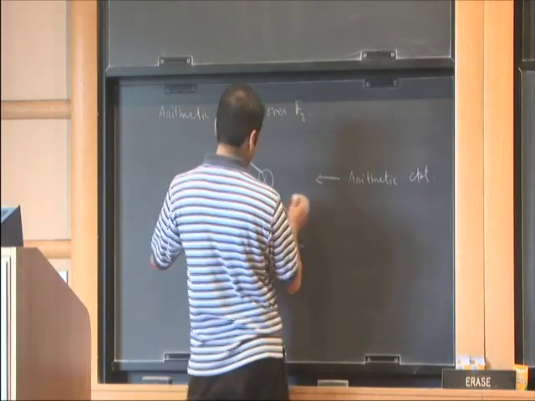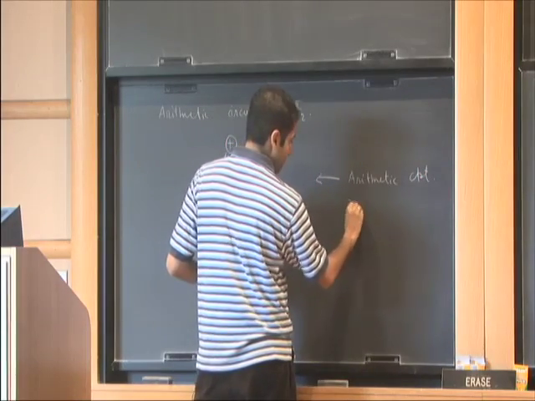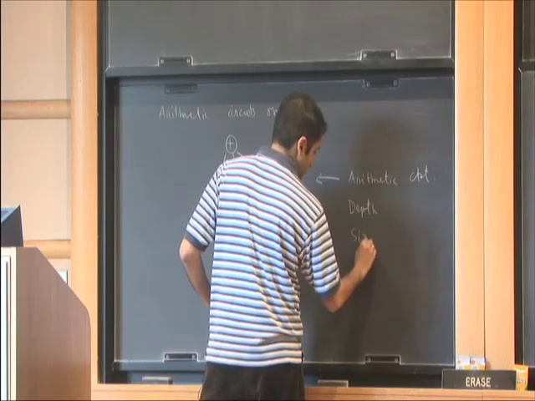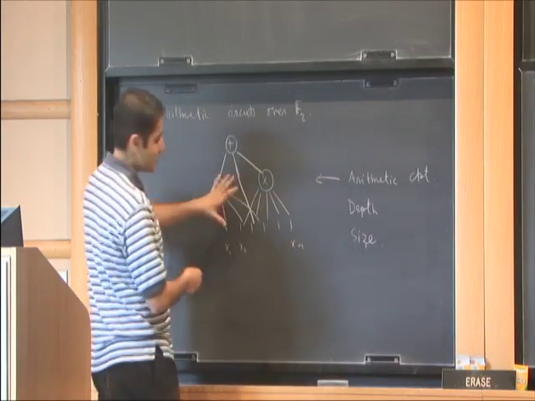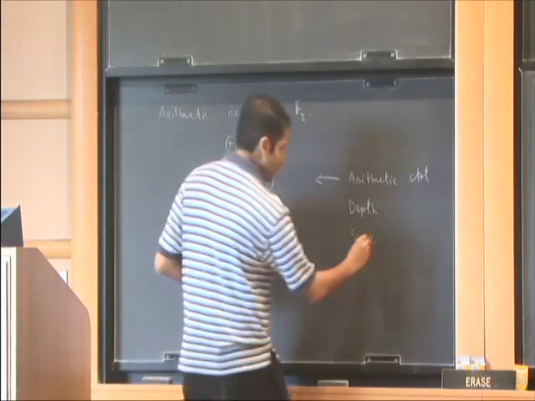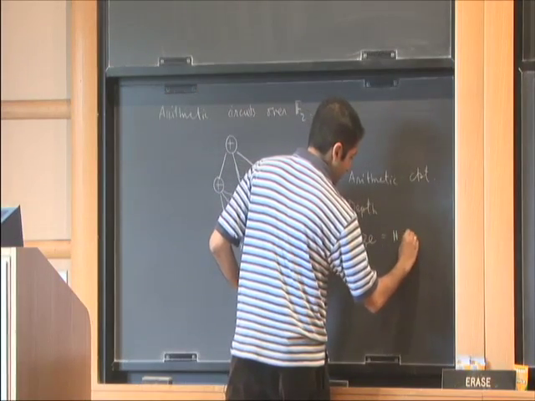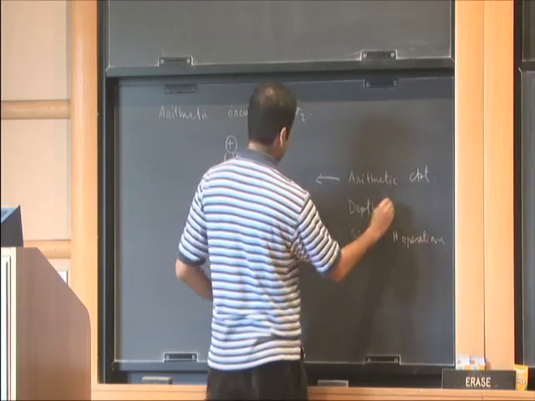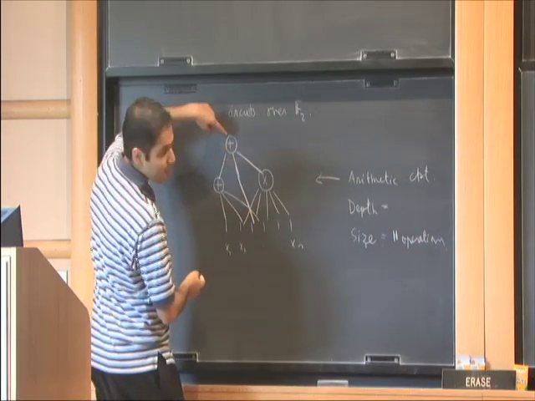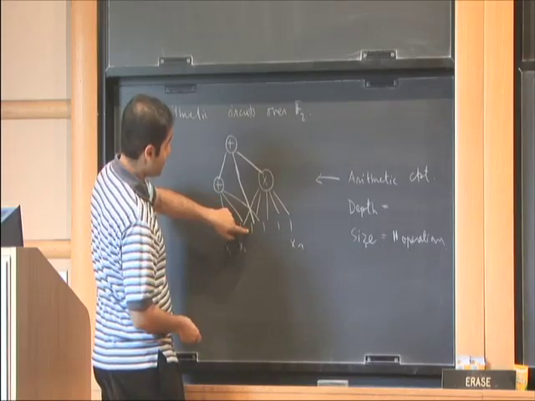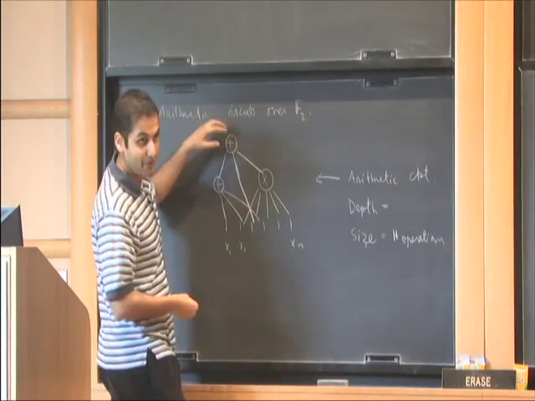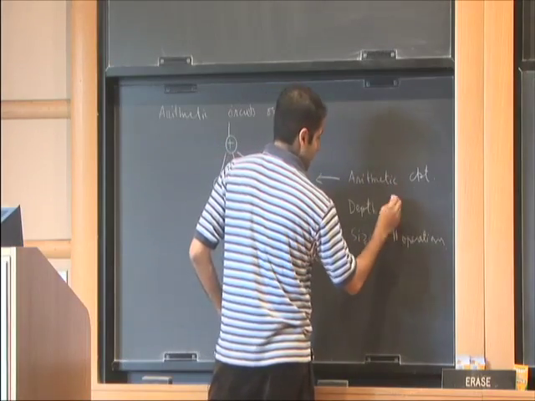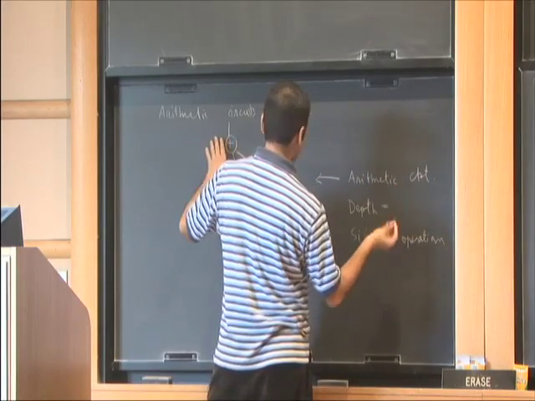It has a quantity called depth, and a quantity called size. Size is the number of operations that I've used, and depth is the depth of the longest computation starting from the input variables going up to one of the output wires.